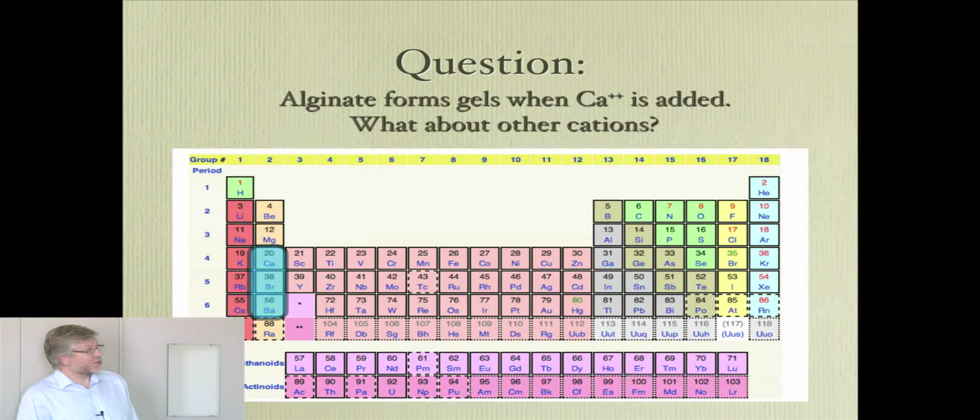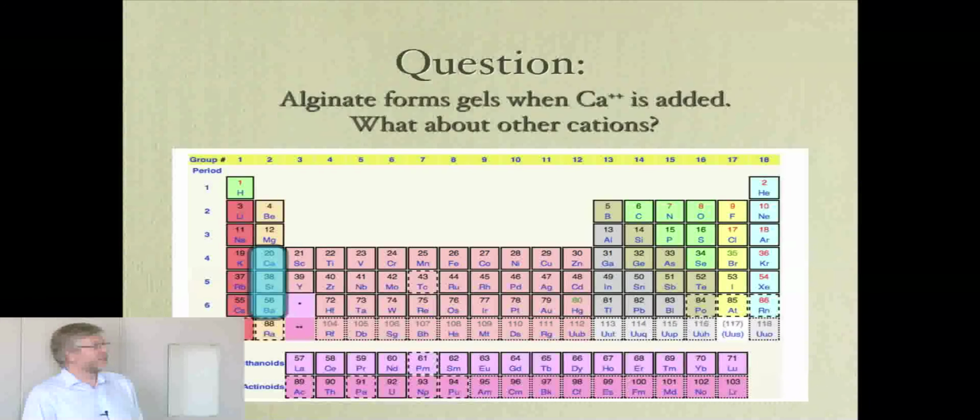The truth is that sodium does not gel with alginate, because if you take sodium alginate, it dissolves in water. No gel. And no gel with lithium, and no gel with potassium. Nothing happens here. Beryllium, I think, I don't know exactly. Nobody did this experiment, but magnesium alginate does not really form a gel. But strontium and barium do very well.